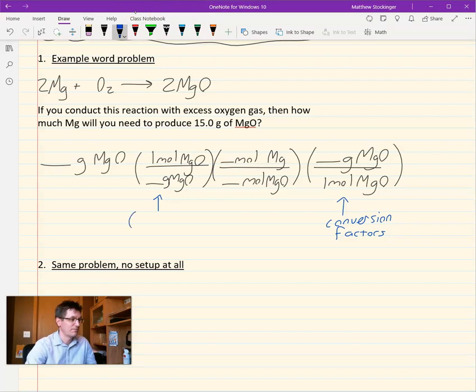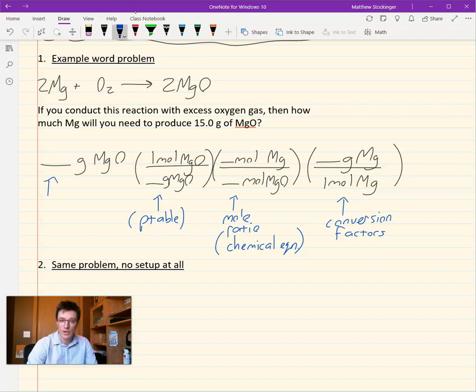So you need to go find the periodic table mass of MgO right here. And I'm noticing I made some more errors. You can erase the O's on these two. Sorry about that. And then the middle number was the mole ratio, and that comes from the chemical equation, the coefficients.